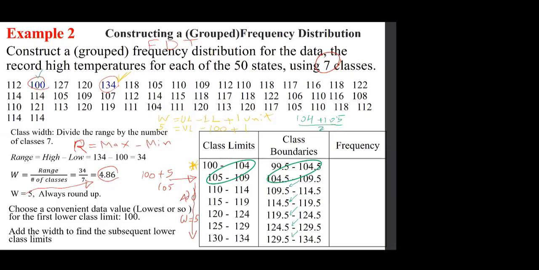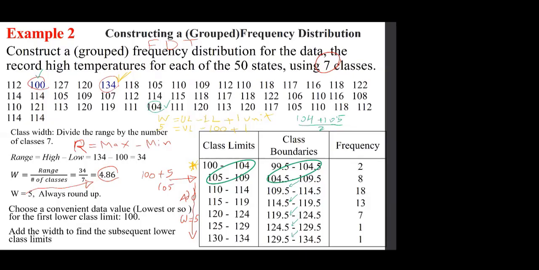Is there anything else that belongs to that one? Because that's fairly short. I want to make sure everybody gets that. Is there any other number that you can see that is between 100 and 104? It does include 100, and it does include 104. So we have a 104 too, right? Yes. So therefore, the frequency for the first one is 2. You can figure out the rest as well.